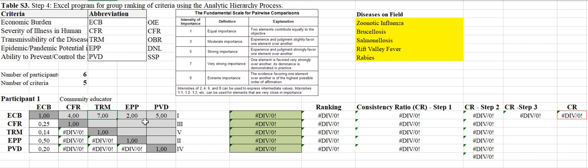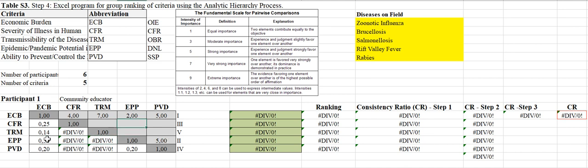So as the second place, the epidemic or pandemic potential, compared to the ability to prevent, I'll say 5 times more important as well. And then to fill up this 2, I have to fill up here.